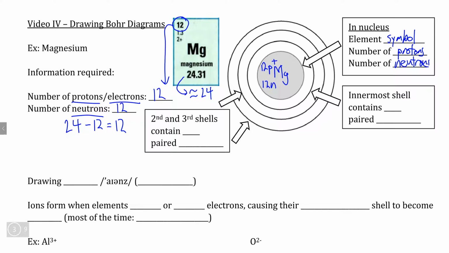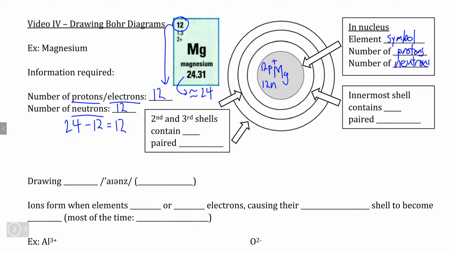So the hardest part of writing a Bohr diagram is organizing the electrons. Now, I've listed out 3 different shells. Remember that each of these concentric circles outside of the nucleus represents a shell where electrons are stored, and each shell has a specific number and arrangement of electrons.